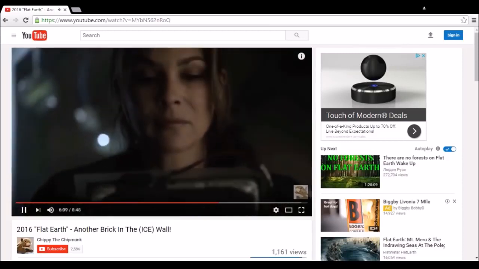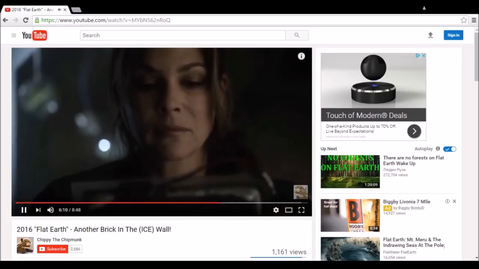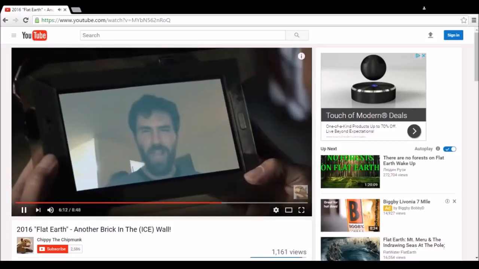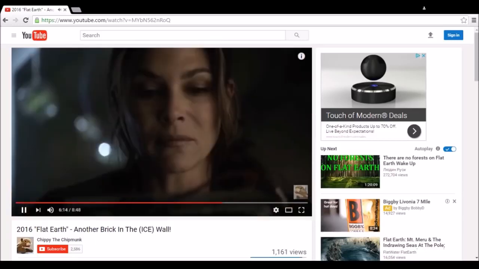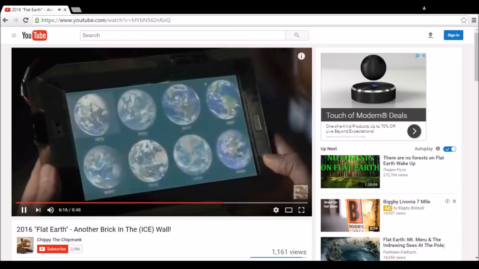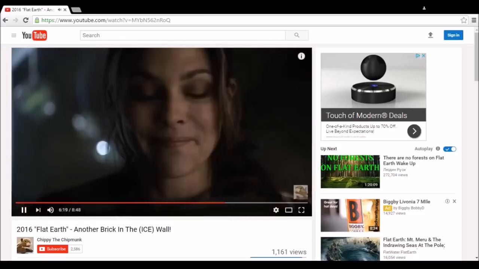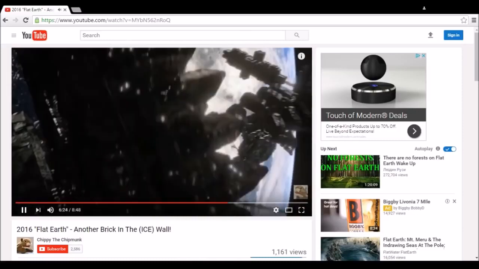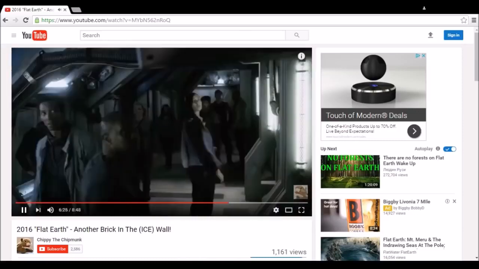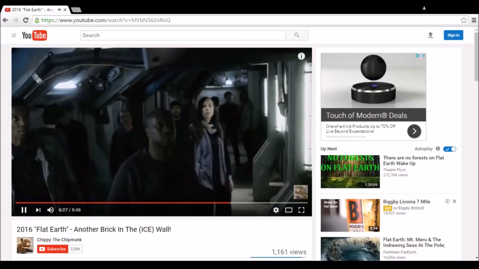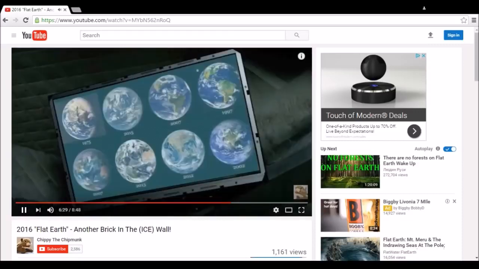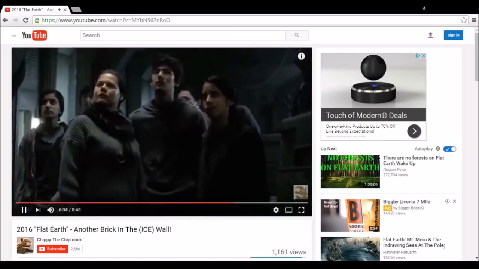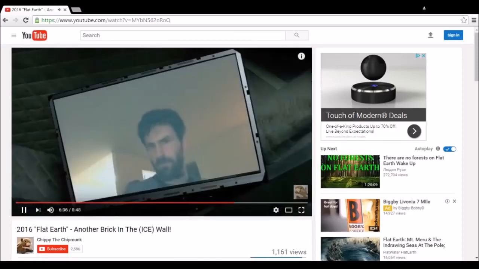What difference does it make if it's a globe or if it's flat? They're stealing your money and showing you cartoons and CGI while they steal your money. Wouldn't that make a difference if it was a globe or if it was flat? Because they keep showing you cartoons of a globe. They show you CGI of a globe. They show you Hollywood trickery of a globe. They're stealing your money.